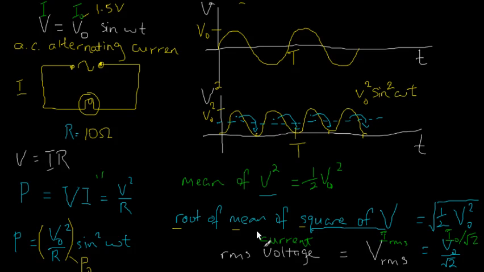Now, in this video, I'm going to use these formulas that I obtained to do a simple calculation using something that we are familiar with, which is our mains power supply, our mains voltage in a house, and the light bulb that gives us light at night.